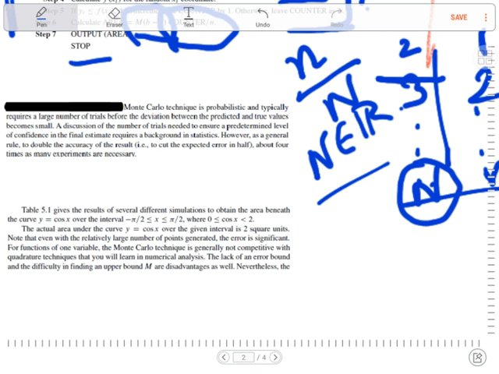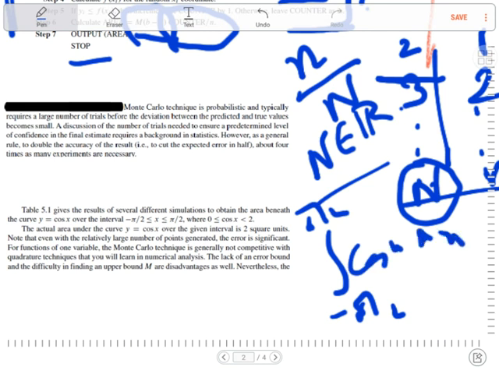For this one, if you calculate the area it comes out to be 2 square units. You can simply find the area by integrating cos x dx from minus pi by 2 to pi by 2. This is a very trivial example, so you can directly calculate it, and it turns out to be 2 square units. But instead of following this analytical method, if you use the Monte Carlo simulation algorithm, then the values are given in the next page.